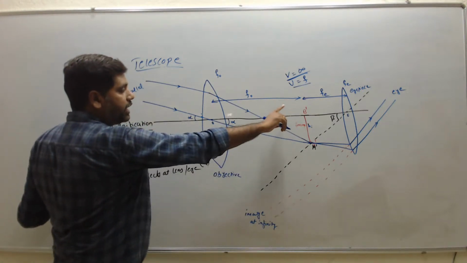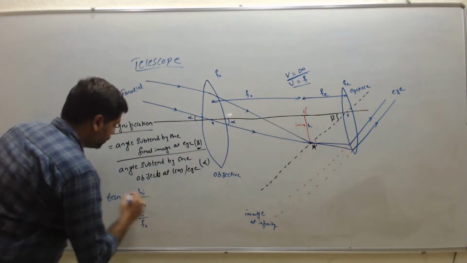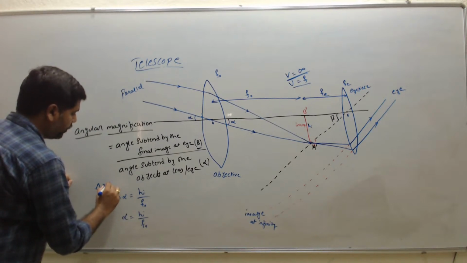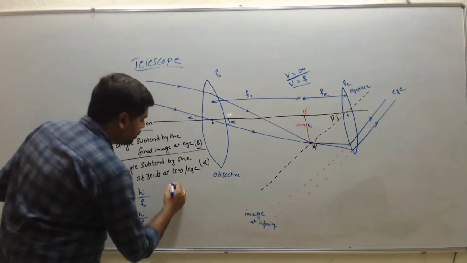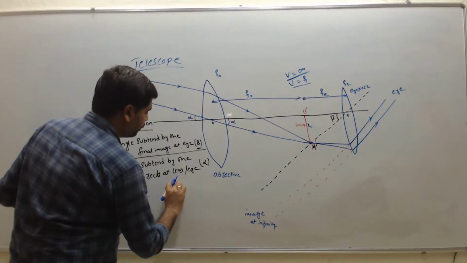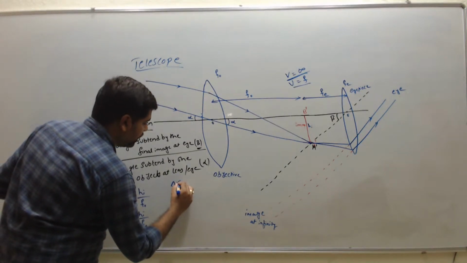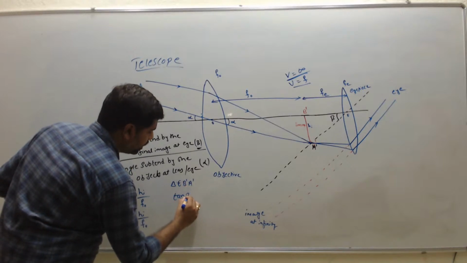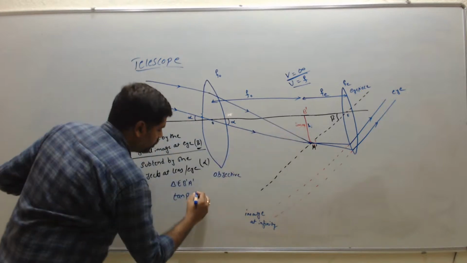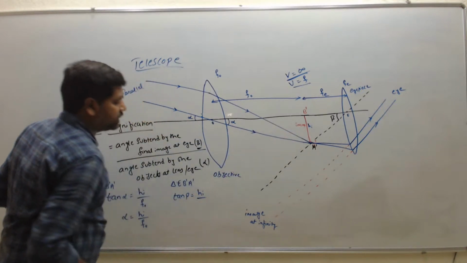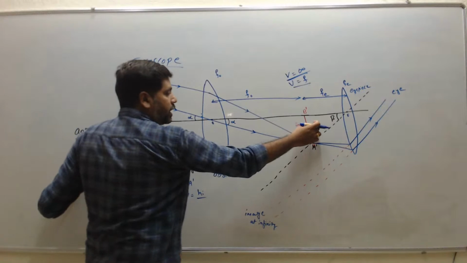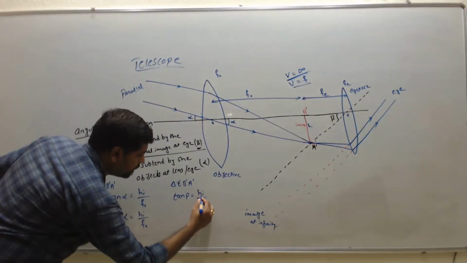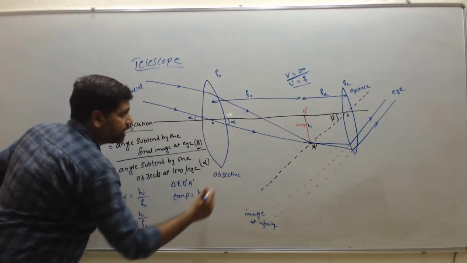Similarly, from the triangle E B dash A dash, tan beta equals hi by the adjacent side, opposite side by adjacent side.